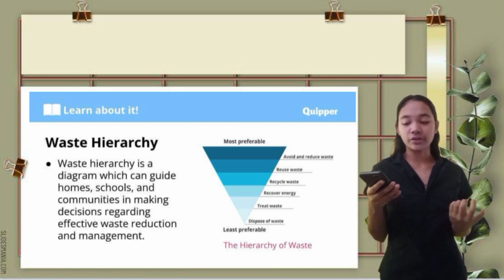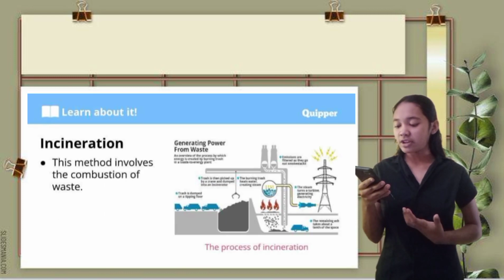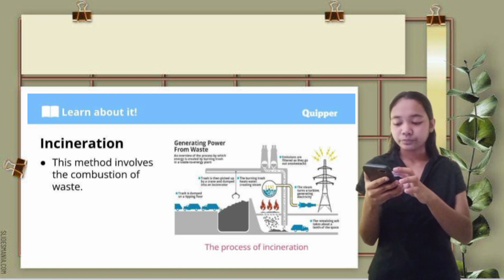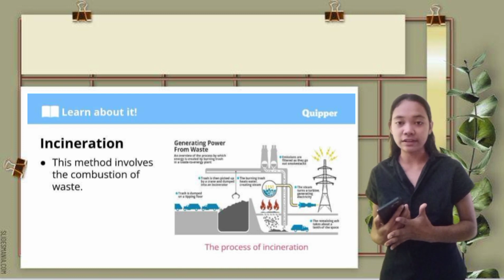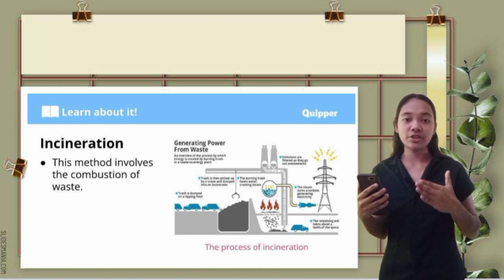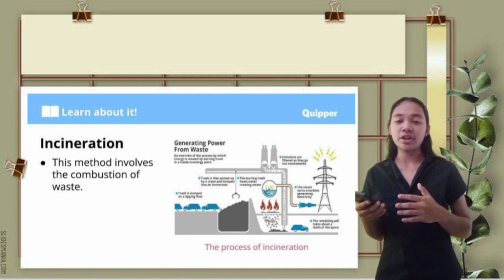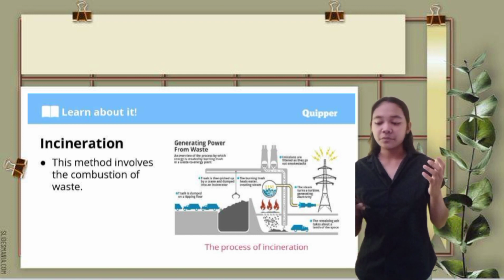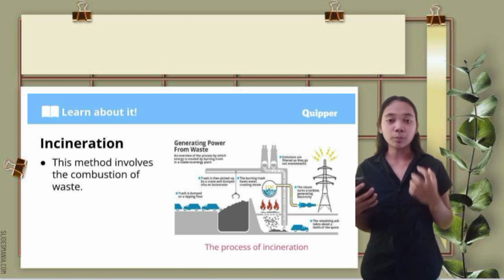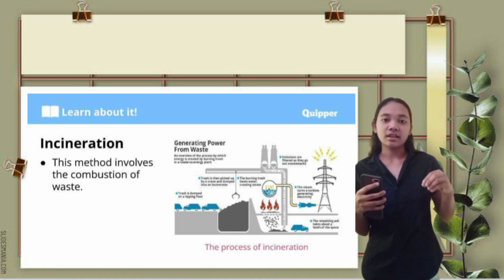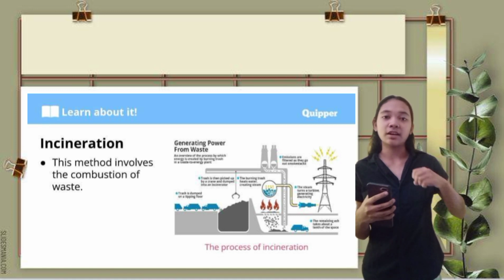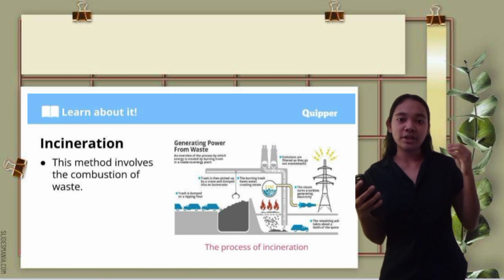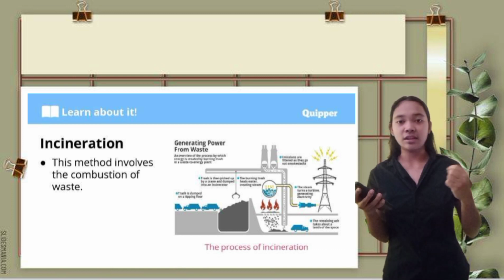So we have incineration. This method involves the combustion of waste. In other countries, they practice incineration to produce electricity. They collect a lot of waste and burn it to produce electricity. The heat from the burned waste drives a turbine to produce electricity in that place.